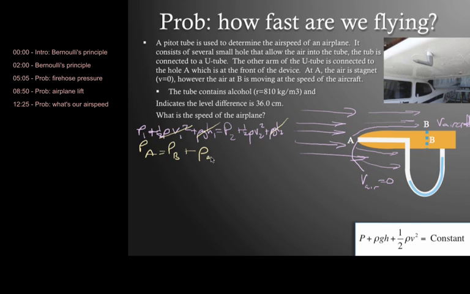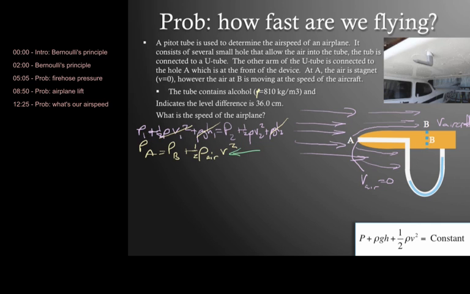rho, and here we need to be careful which rho we're dealing with, because here we're dealing with air. When we start to talk about what's happening in this tube, we have to deal with rho of the alcohol. So then, 1/2 rho of the air, V squared. So this is actually what we're looking for. So let's make sure that we know that.